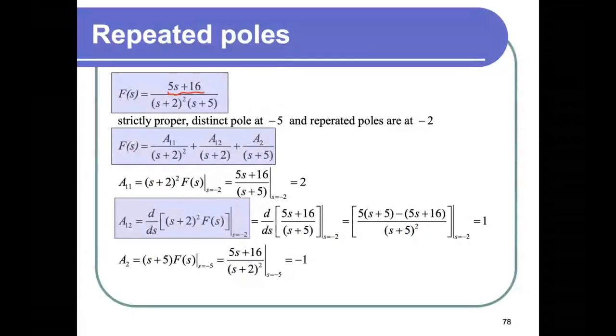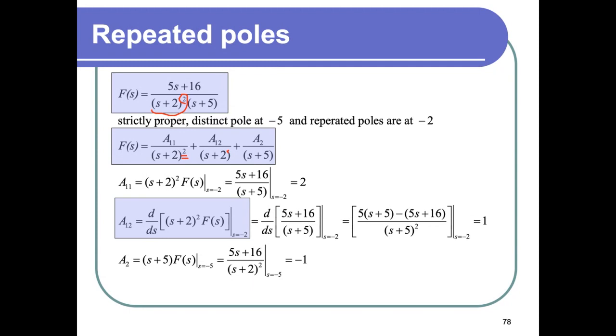So the next case we want to talk about is the repeated poles case. Sometimes you have two poles. So how do we address them? For example, I have s plus 2 repeated twice here. So what we do is the following. Because we have two repeated poles, we have A11 over s plus 2 squared, and then we have A12 over s plus 2. So because you have two poles, then you still need two corresponding fractions, but they are different.